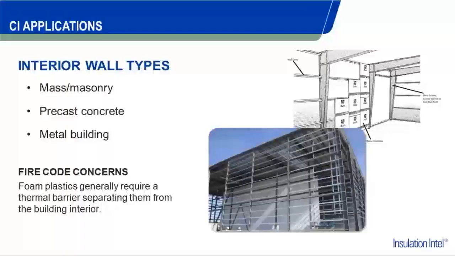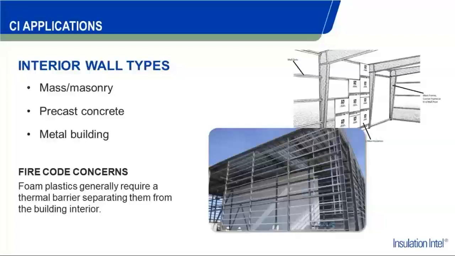So, interior wall types. We mentioned earlier that you can use continuous insulation on the exterior, which is typical. A lot of folks design the continuous insulation systems to be installed on the exterior of the buildings, but you can also install it on the interior. We see this a lot with historical restorations, when you're unable to manipulate the exterior of the building because you need to preserve that exterior appearance.